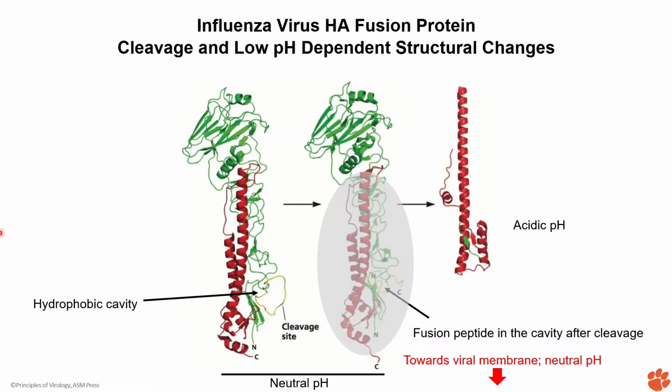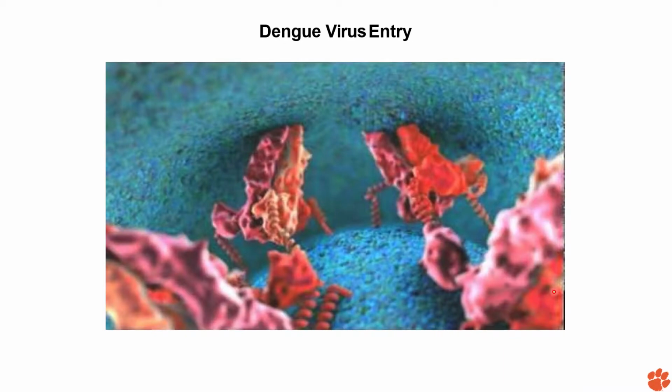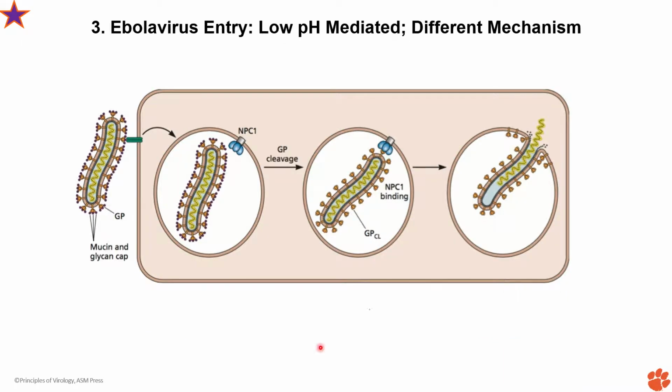All right, so after that, know the mechanism of the Ebola virus. The Ebola virus binds to its receptor and goes into the endosome, where at the acidic pH a portion of this glycoprotein, the glycan cap and the mucin cap, is cleaved, and it can interact with NPC1.